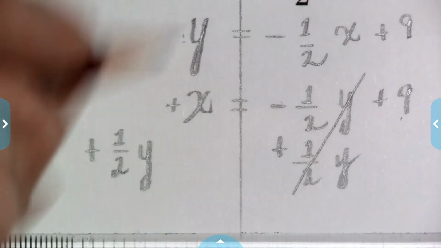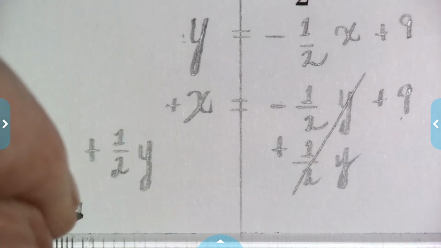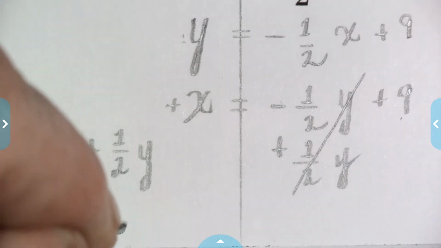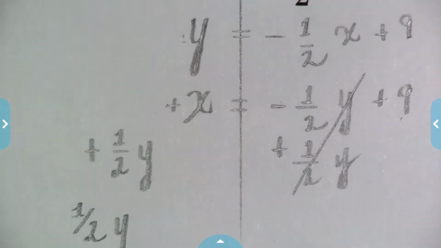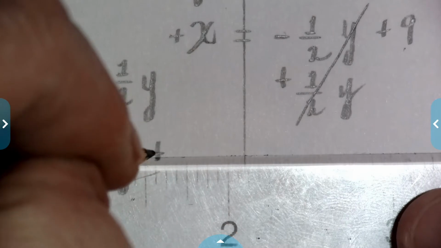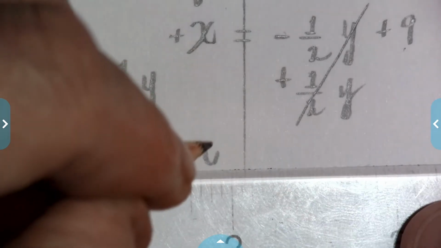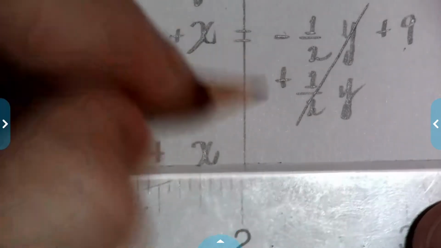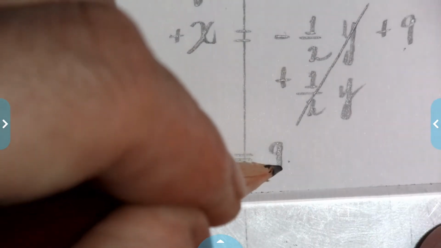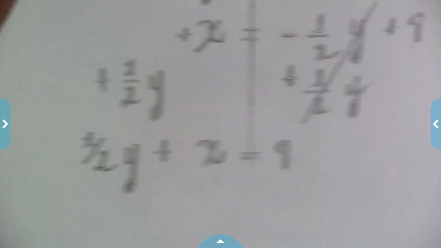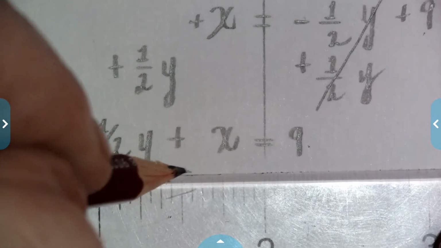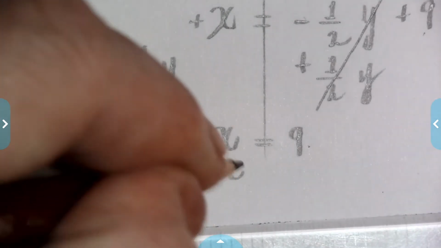So we have 1/2 y plus x equals 9. All right, now remember, we're trying to isolate the y variable all by itself, so perhaps I should subtract x from both sides.